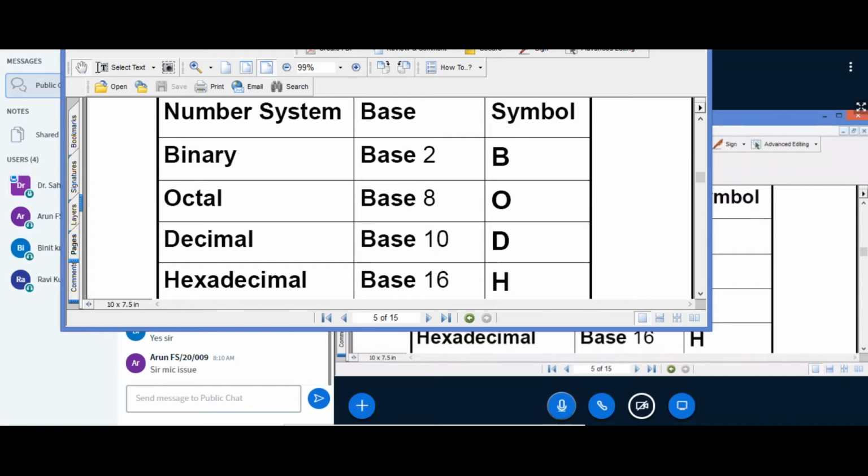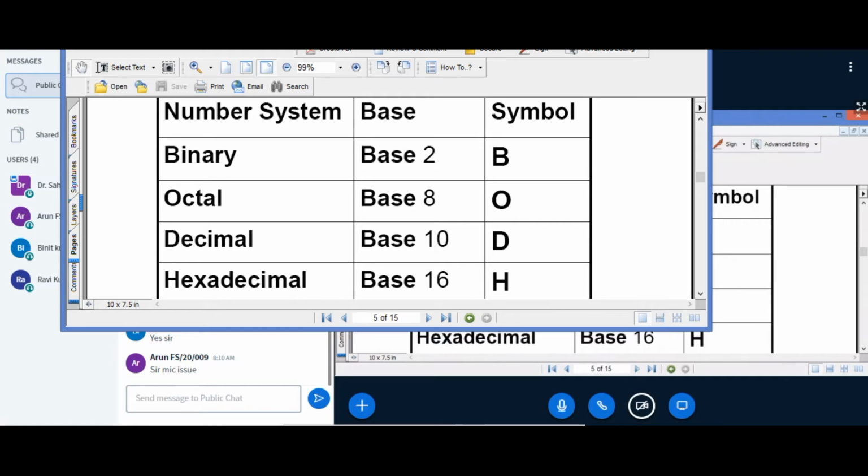The first repetition is 0, that is 10, and the second repetition is 0, and that is the 100. So in this way, in this combination, we can represent any digit in decimal.